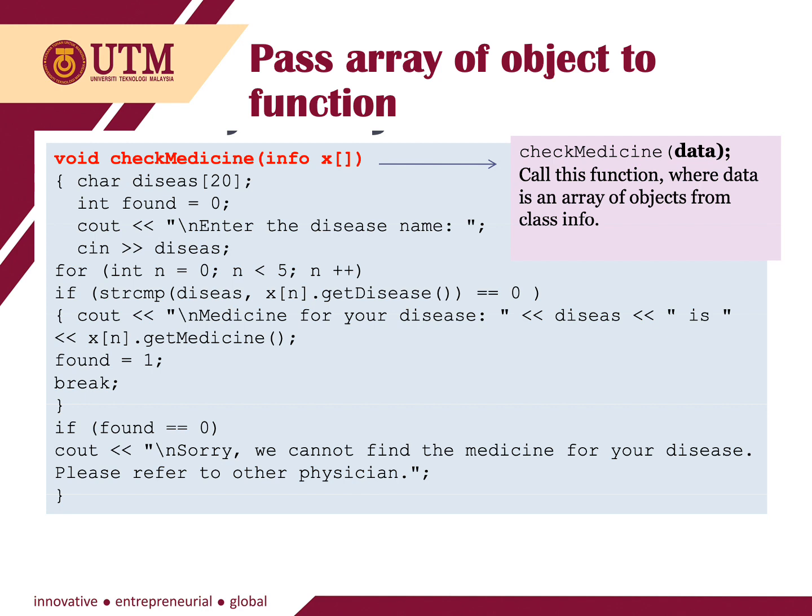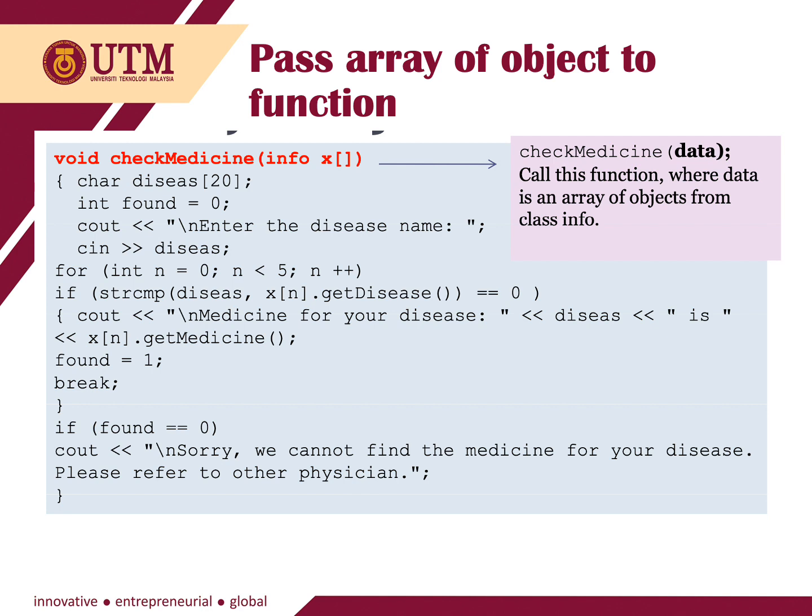Okay, so we are trying to get input from the user. We ask them to enter the disease name. Let's say the user enters fever, right here, fever. So the function will compare the input that we entered just now, fever.